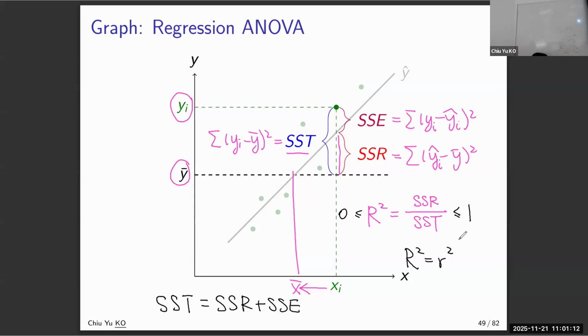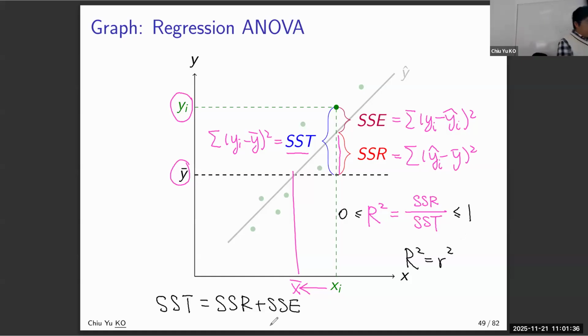Actually, beta is 0. So we'll use this fact to say that if this is close to 0 or very small, then we can use it to test whether beta is 0 or not. Okay? So let me define that formally here.